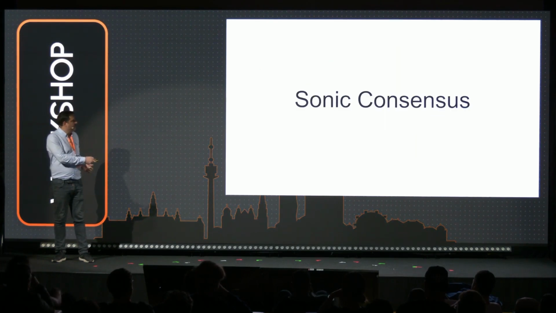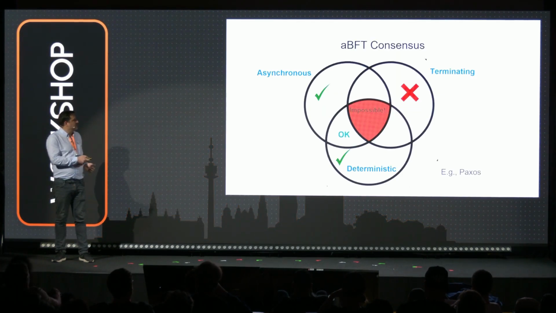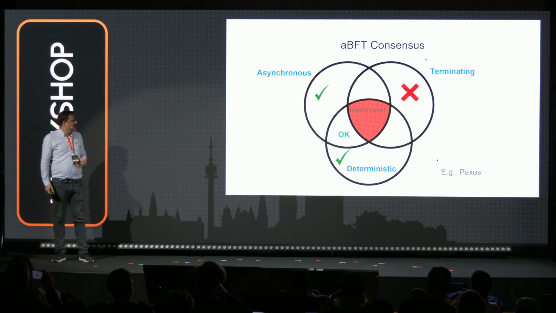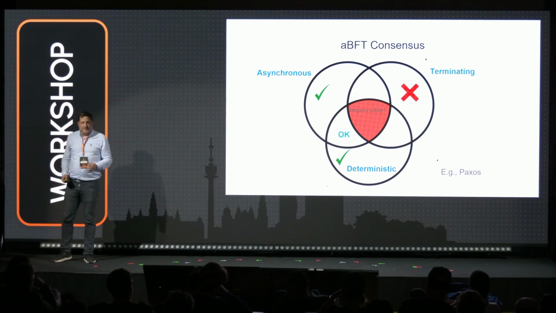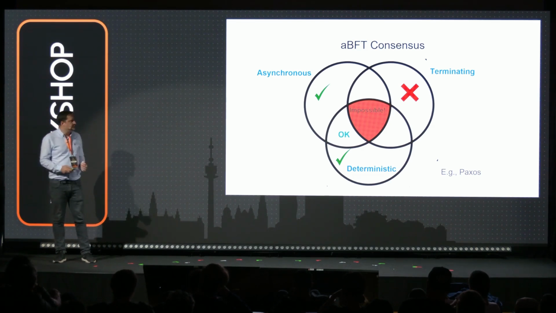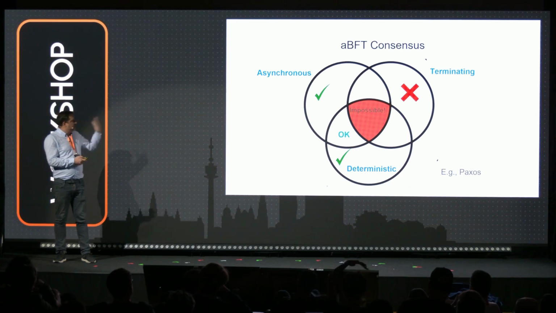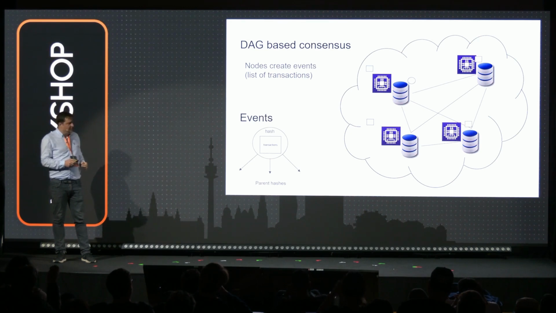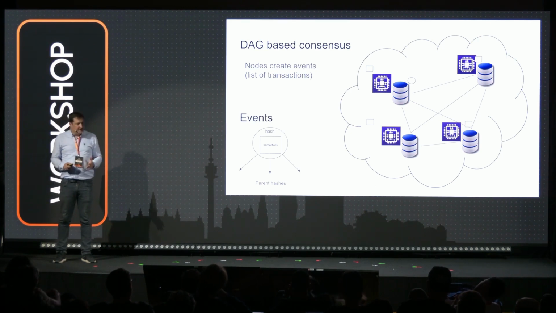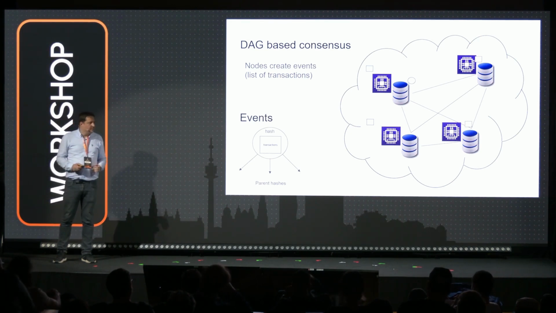And every protocol has to make this decision. And what we've done in our protocol is really focus on the determinism and the asynchrony, because the way we've done it, it's very unlikely that it won't terminate. However, we can make different assumptions about the network timing, and then we can ensure termination as well. So the protocol we use is called a DAG-based protocol.